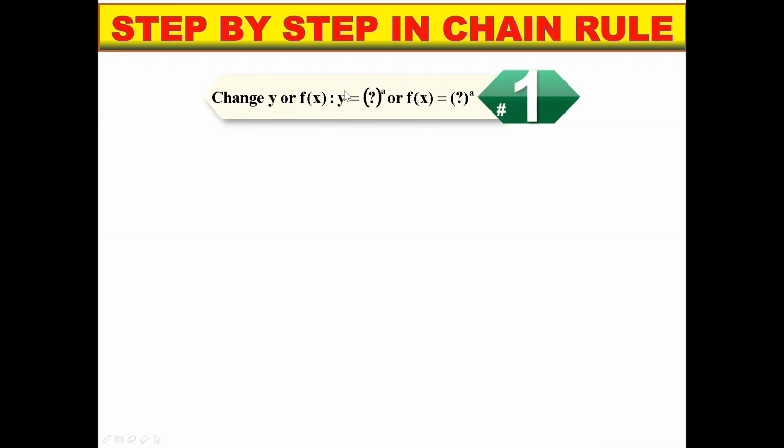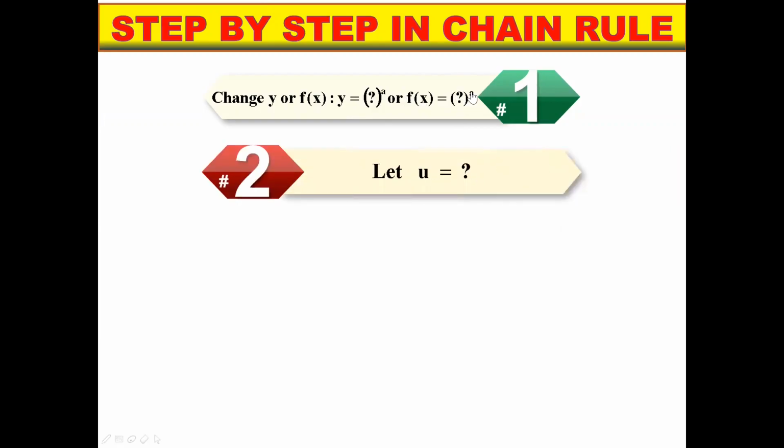So what we do is we take the y and the function given, we try to get the power of something. Okay, so if you get your question in the form of f(x), you will try to get a function to the power of that something.